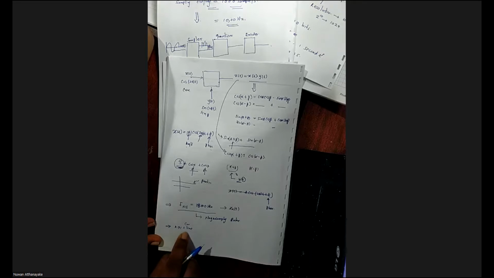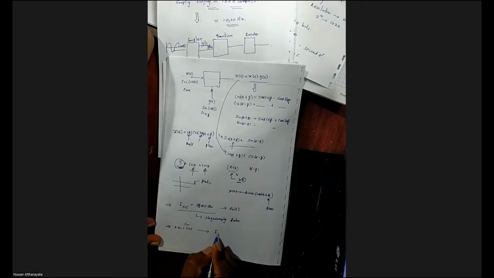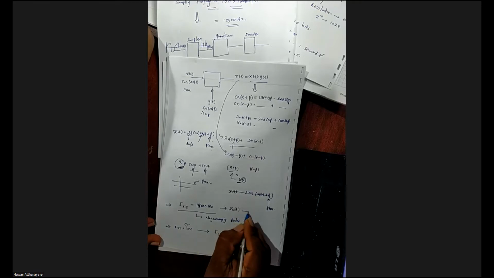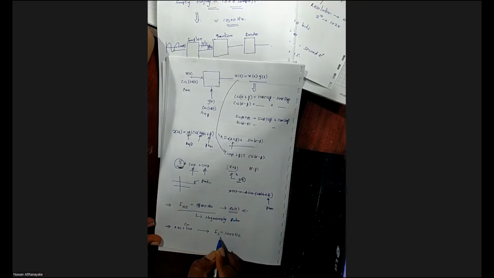That sampling frequency, let's say Fs, is I think 1000 hertz. This will be the possible sampling rate, because this sampling rate is supported by the ADC and line.